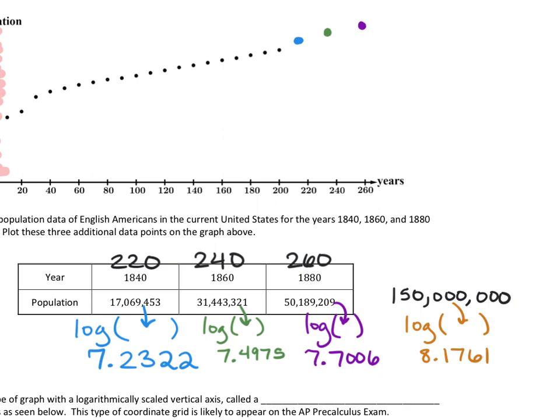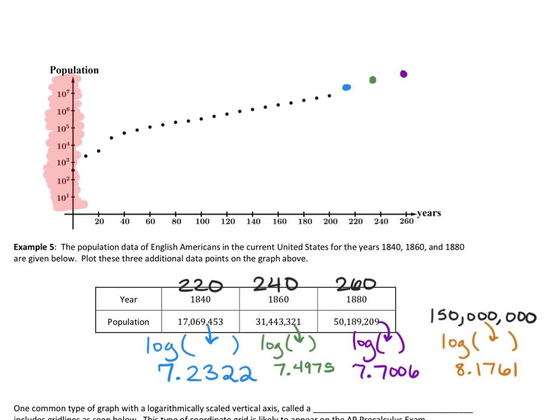Oh, so now we're above 8. So if we were to plot this population, we'd have to look on our graph for an additional section, 10 to the 8th. And your orange dot would be above the 10 to the 8th, whatever year this is.